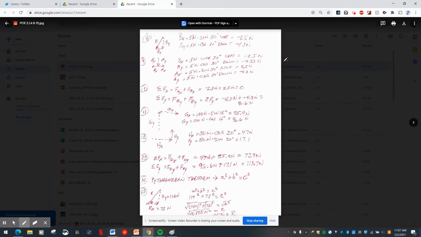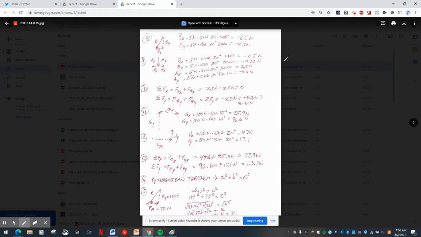Okay, so consequently, we move over to 9, which shows both B and A, which we had from the previous question. And so once again, we go through and we do BX and BY, and we come up with those same answers, right?